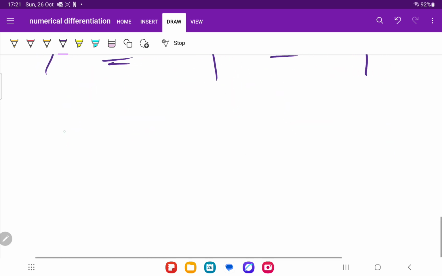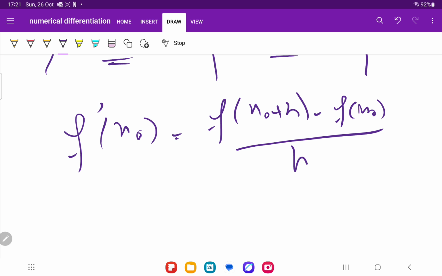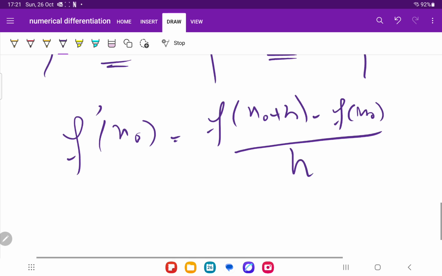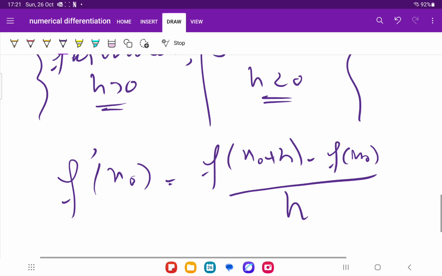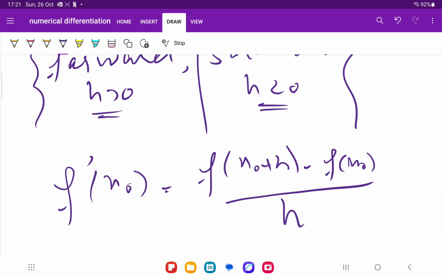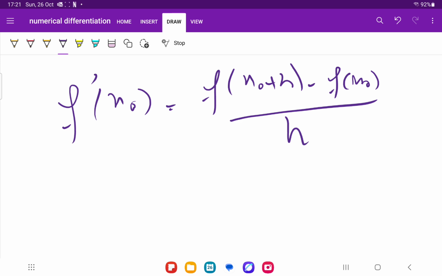The formula is the same: the derivative at x0 is f of x0 plus h minus f of x0 divided by h. For the forward difference, the formula remains the same. For the backward difference, h is replaced by minus h, and minus h in the denominator as well.